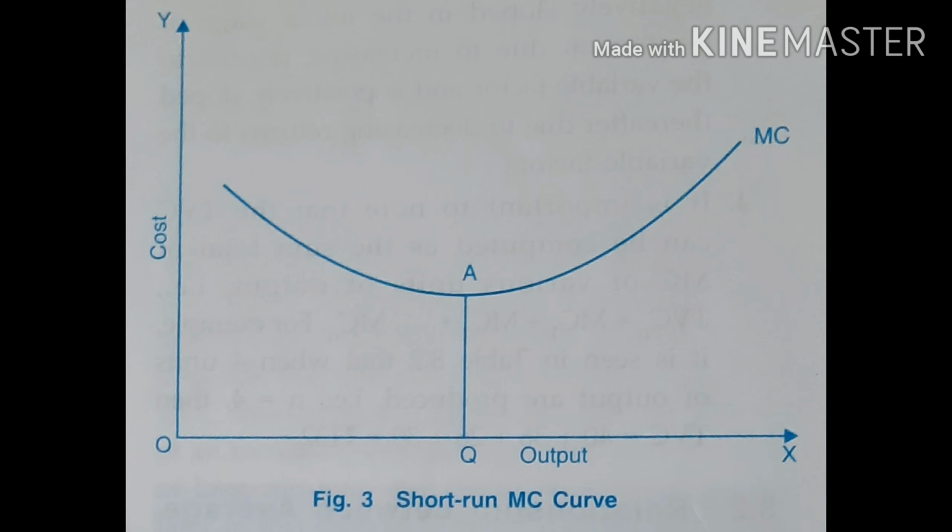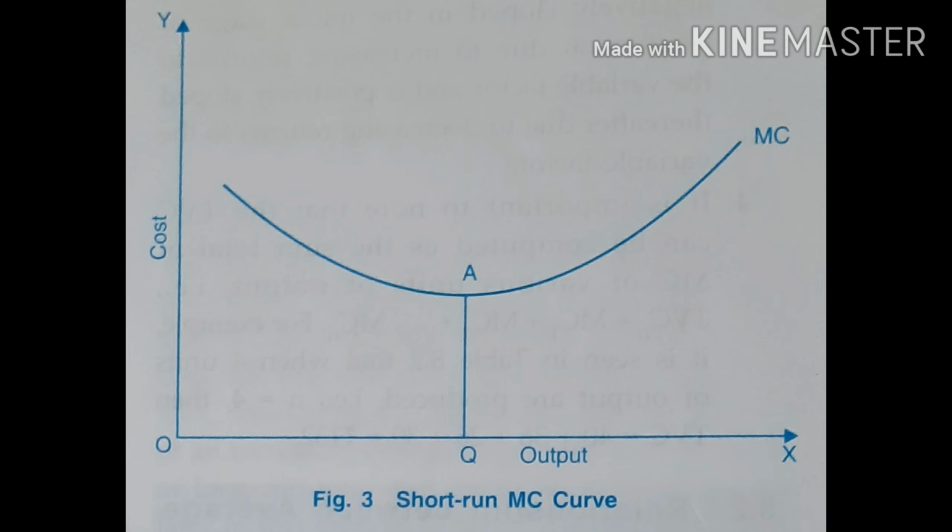Now in the short run, the amount of fixed factors cannot be changed, so addition is only made in terms of the variable factor, and that is why we say that marginal cost has nothing to do with the fixed factors or fixed cost, and that marginal cost is an addition to the total cost when one additional unit of output is produced, right?